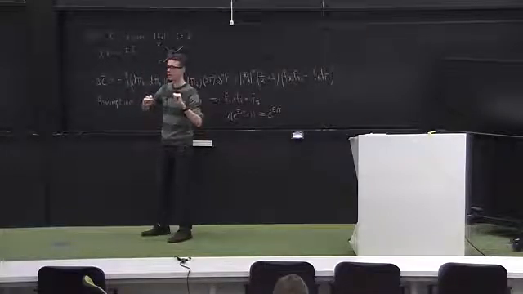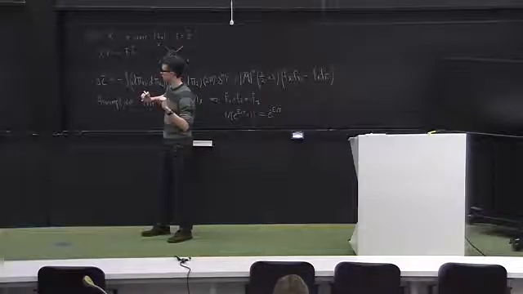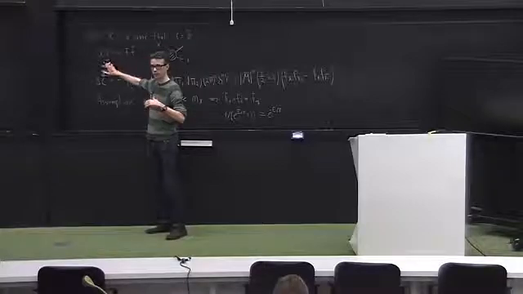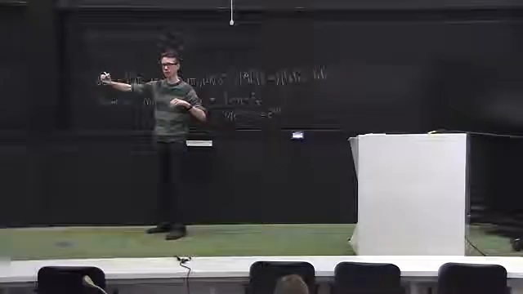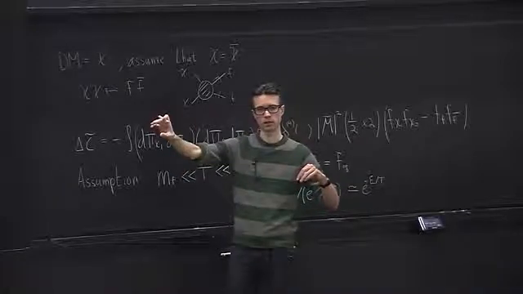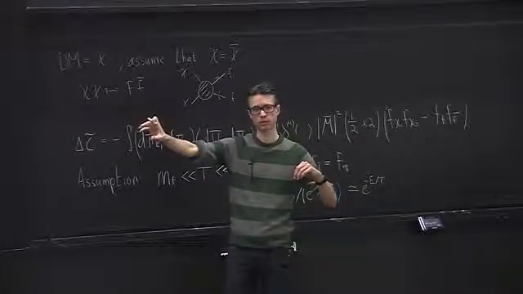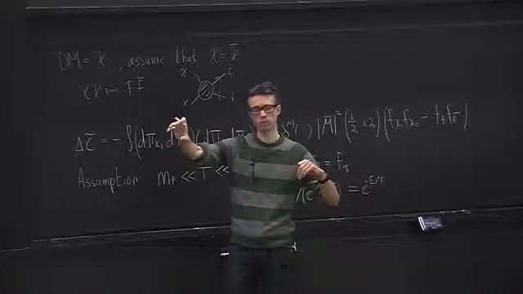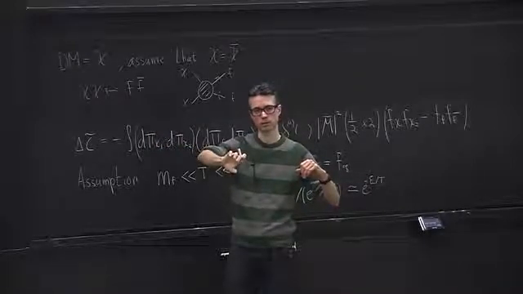What's going to end up happening, though, just to give you the punchline, is that the dark matter number density, as it tracks the equilibrium, is going to become exponentially suppressed. So I start with a thermal dark matter density at temperatures much larger than the mass. As the temperature falls, the dark matter equilibrium distribution becomes exponentially suppressed.